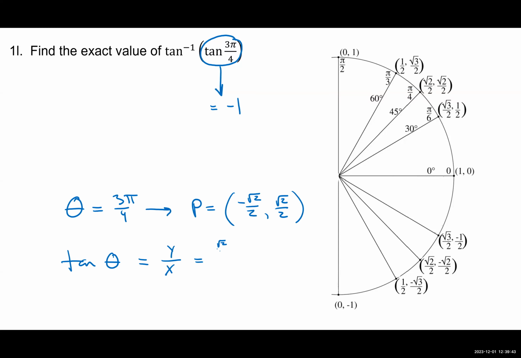So that's root 2 over 2 divided by negative root 2 over 2. Any number divided by itself is equal to 1. We got a negative sign, so that's negative 1. So the tangent inverse of the tangent of 3 pi over 4 is equal to the tangent inverse of negative 1.